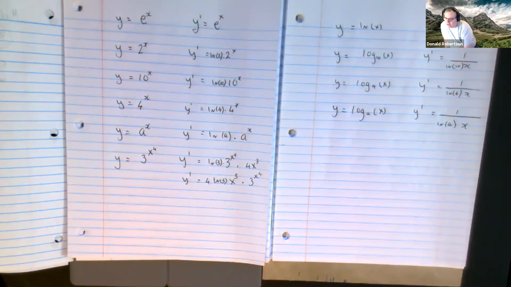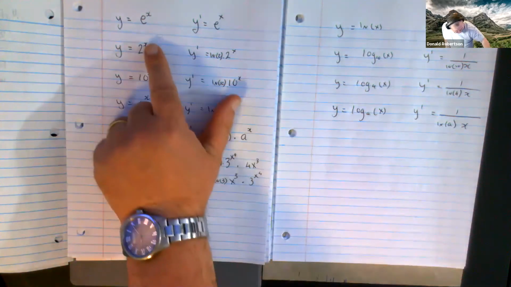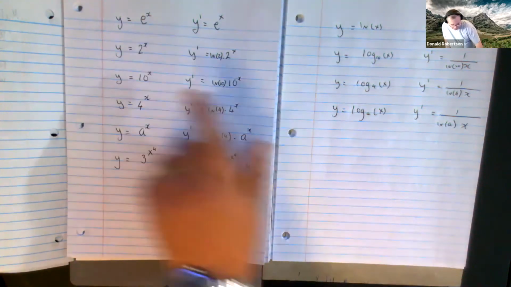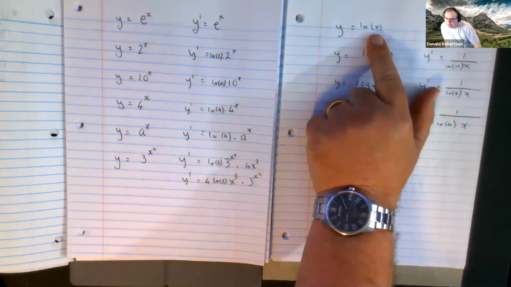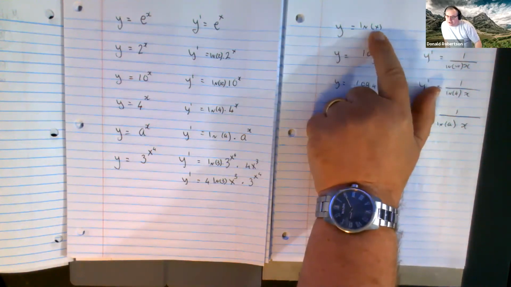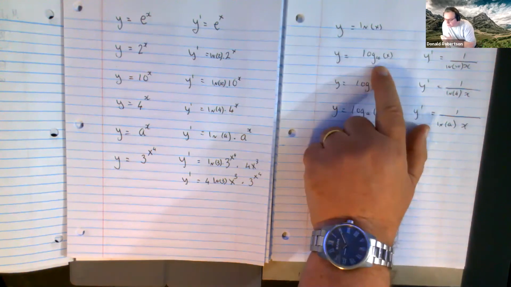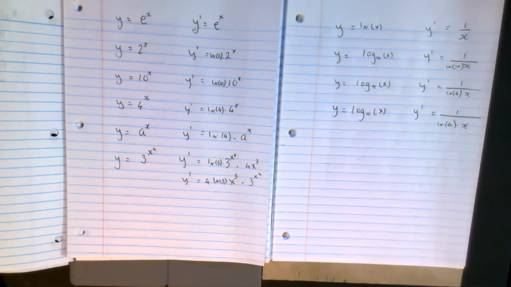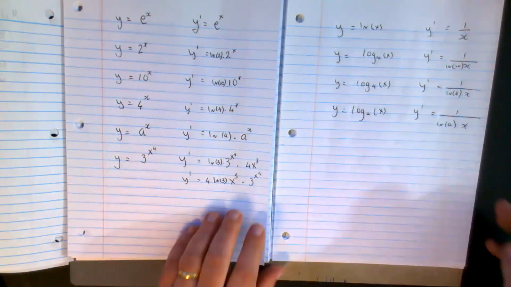So we can now expand what we can differentiate from just e to the x to things like 10 to the x. And we can expand derivatives of not just the natural log of x, but log to the base 10 of x, or any function like that. So that has increased our scope of things that we can differentiate.